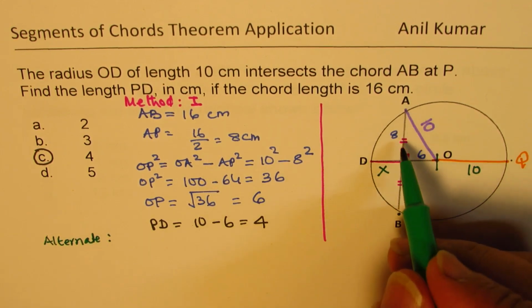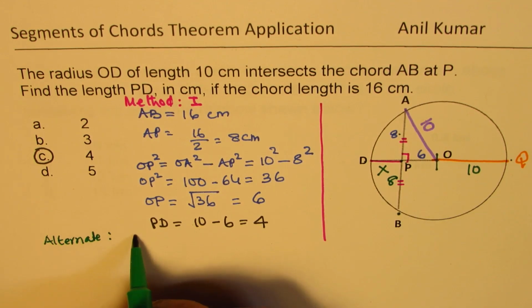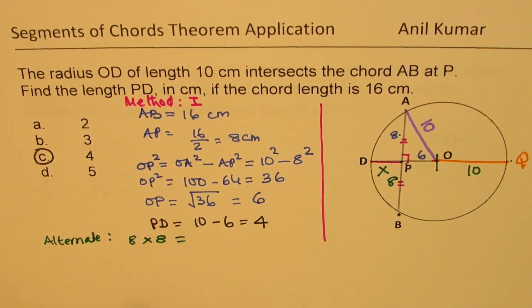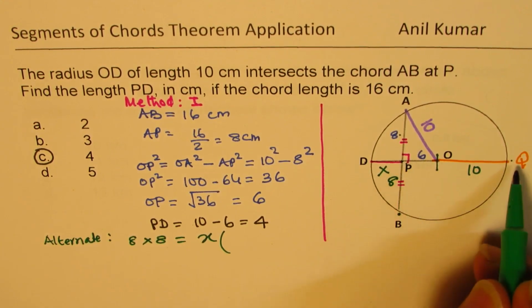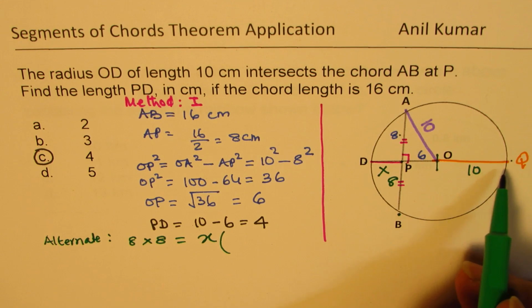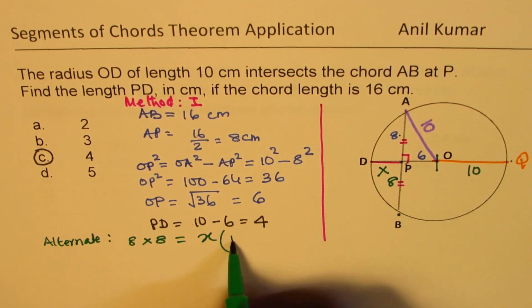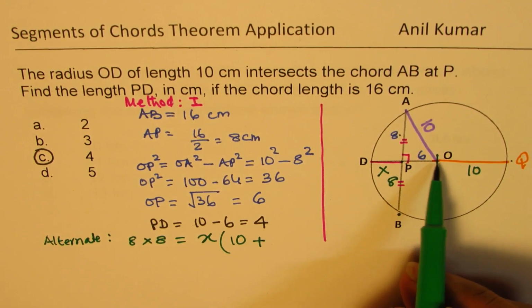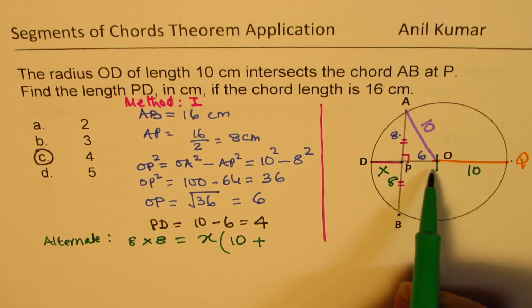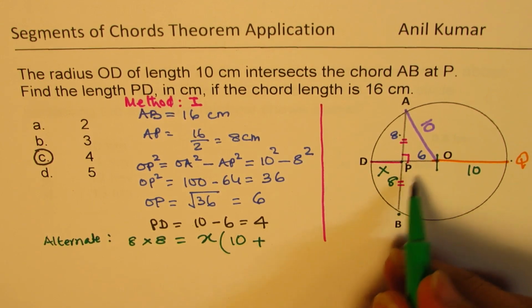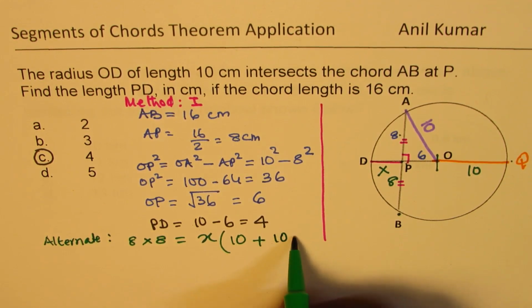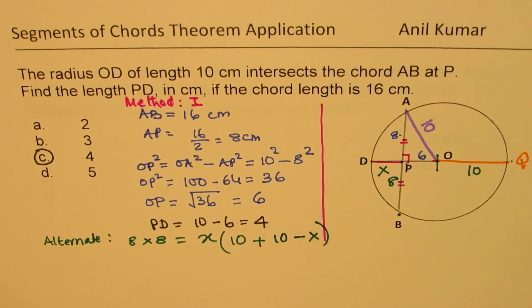So the alternate method will be 8 times 8 should be equal to X times this length, which is 10 plus, rather I should say 20 minus X. So we can write this as 10 plus 10 minus X, or 20 minus X. So that should give you the value of X. This is an alternate method, correct?